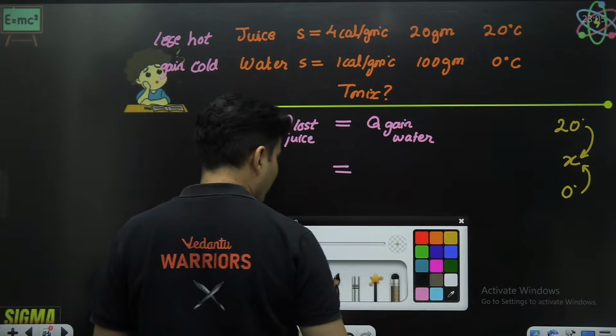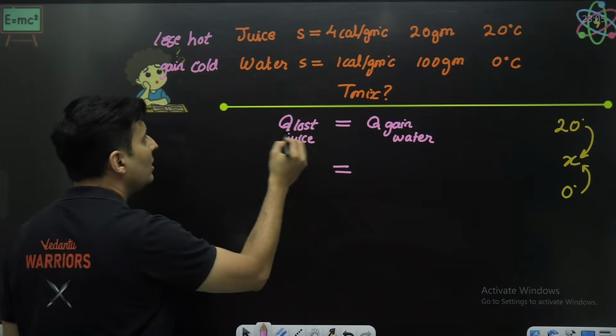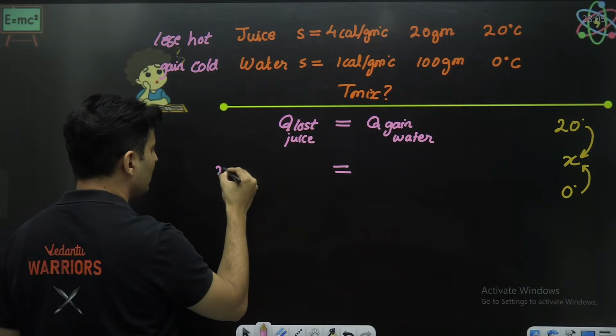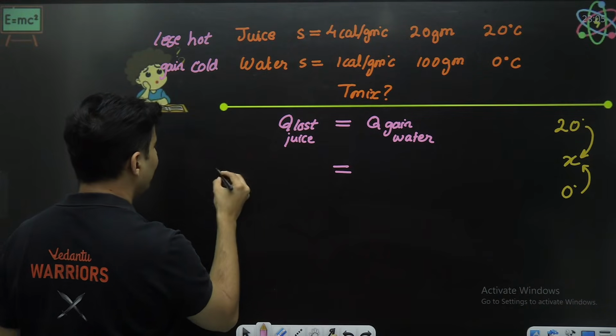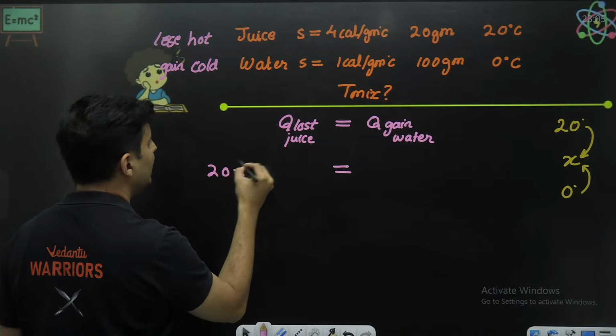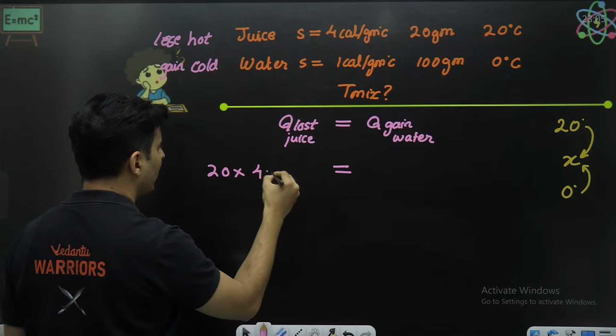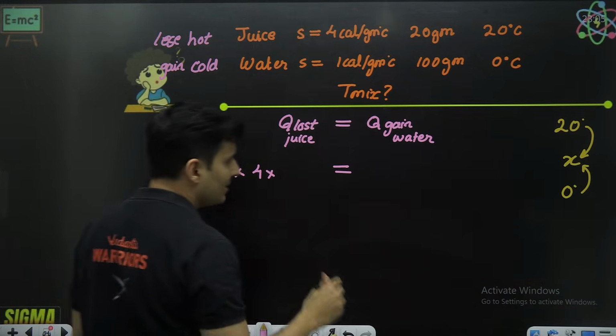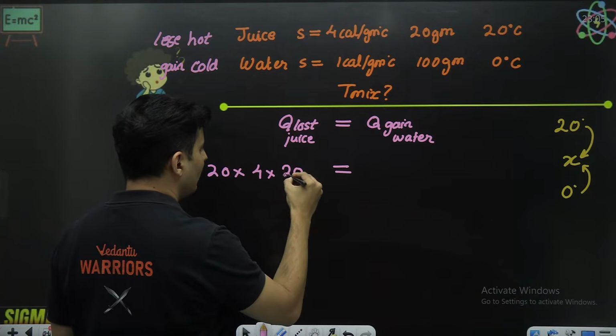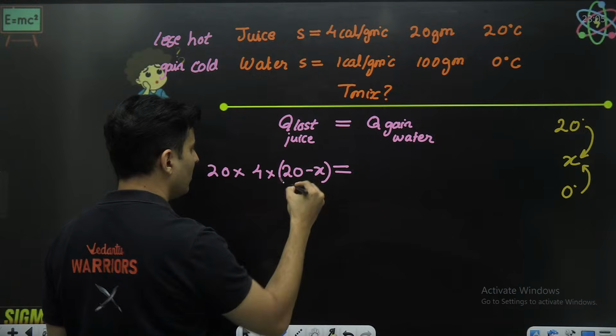So over here, heat lost by the juice, I can use mass of the juice. Mass of the juice is 20. Specific heat capacity of the juice, which is 4, into the positive difference of the temperature, which is obviously 20 minus x. Do you guys get it?